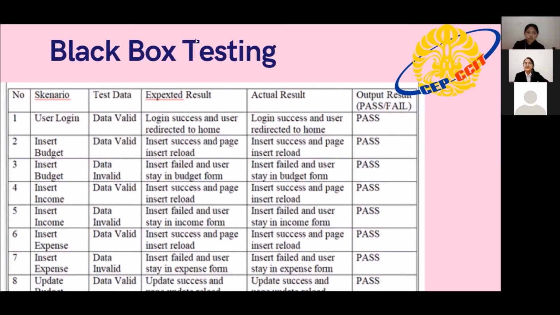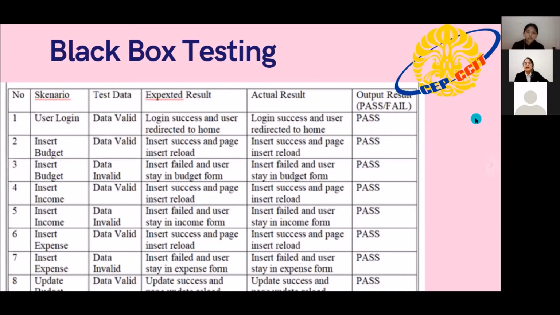The fourth is insert income, data valid, insert success and page insert reload, and the actual result is the same as the expected. So the output result is pass. And the fifth is insert income, but the test data is data invalid. The insert data failed and user stay in income form, and the actual result is the same as the expected. So the output result is pass.